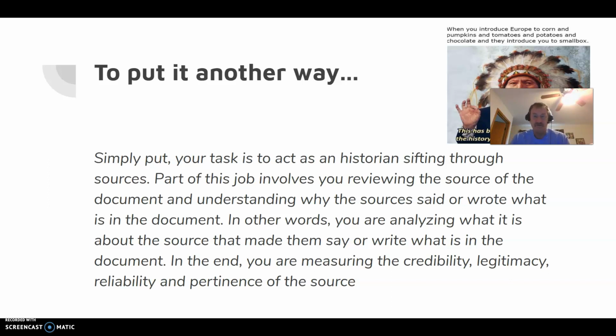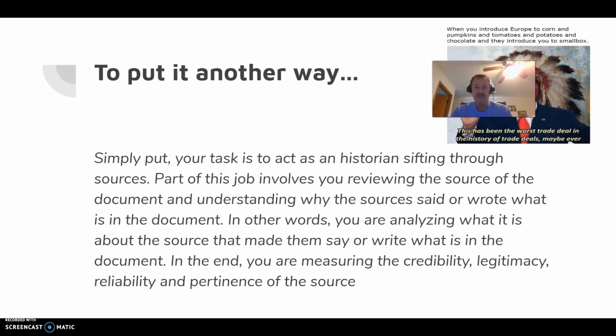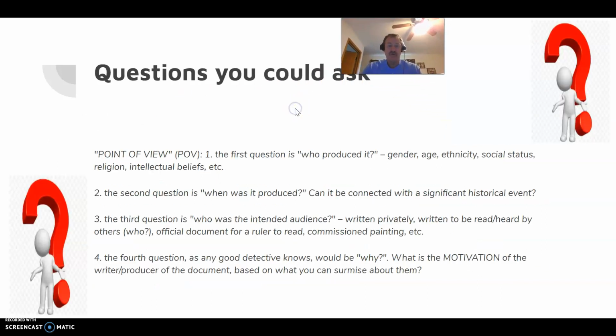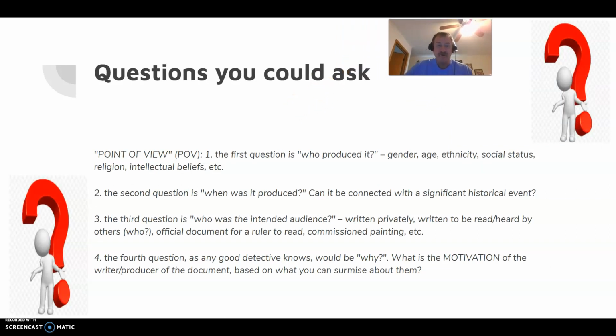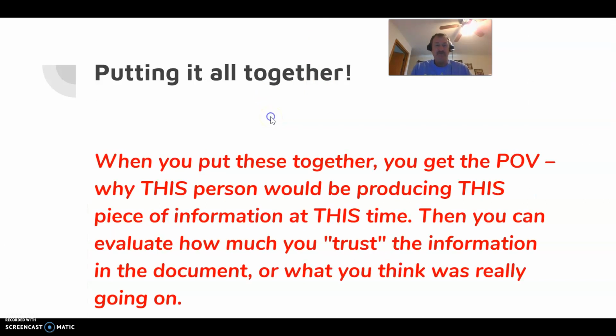Is it relevant? Look it over and analyze it for all those things. These are good questions you could ask when trying to do point of view. When, why, who, what, so on and so forth. What's the motivation? Okay, intended audience. These are all good questions you could read through, pause the video, and check them out.